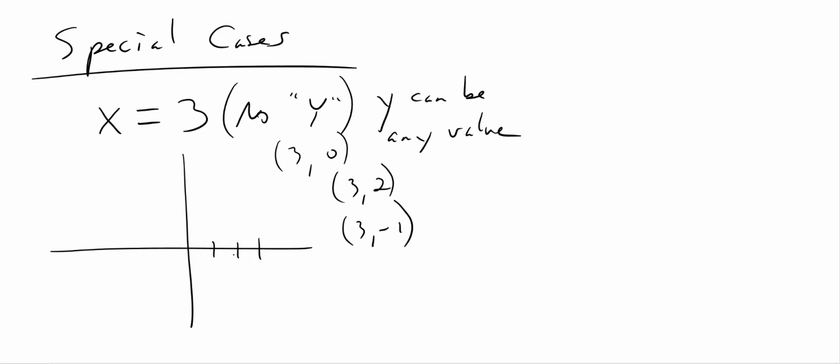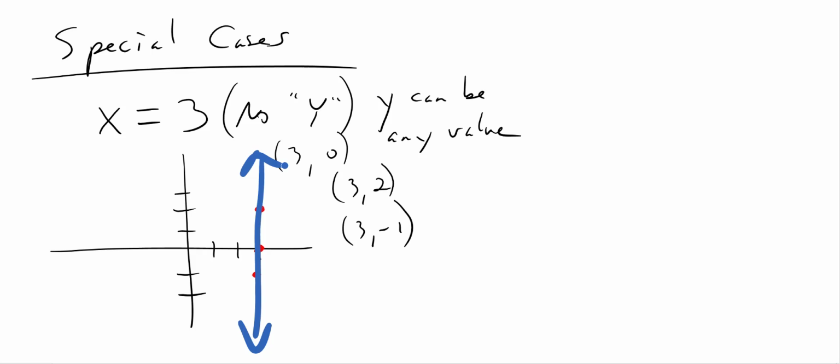If I plot a couple points here, (3, 0) is here, (3, 2) is here, (3, -1) is here, and then I draw a line, that's it. That's what that line is.